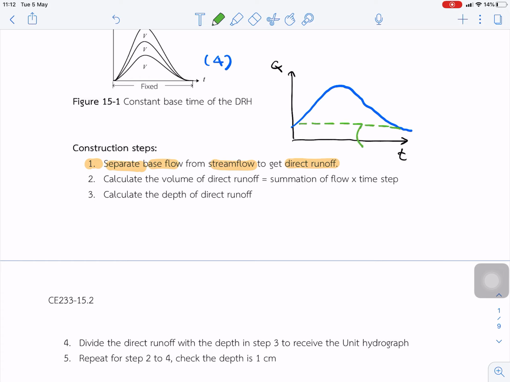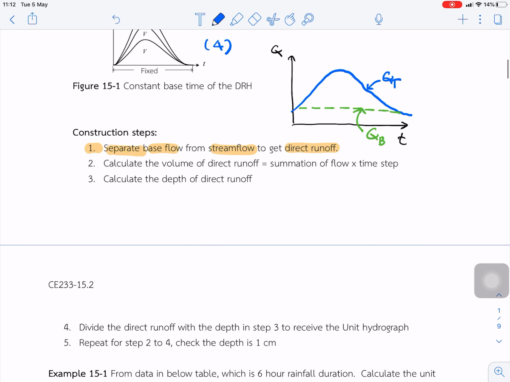This is the Q base flow, and this at the top is Q total. So we have to separate the base flow from the total flow, and we get this hatched area, which we call Q, the direct runoff hydrograph. Okay.